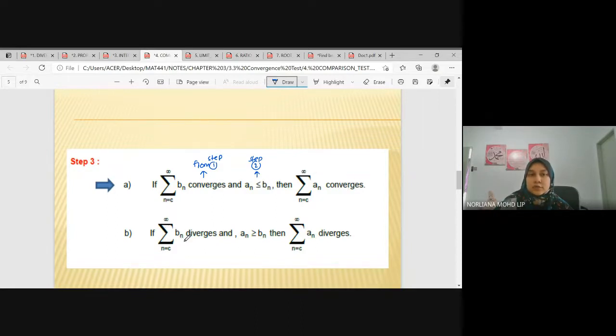If the series of Bn diverges, from step 1, and An greater than or equal to Bn, from step 2, then this series diverges.